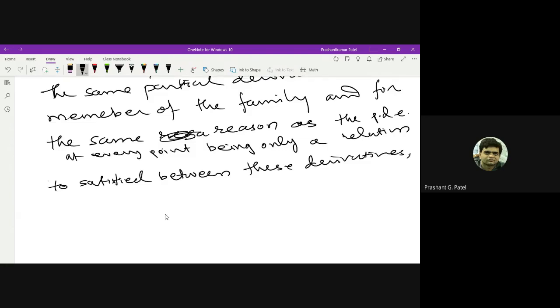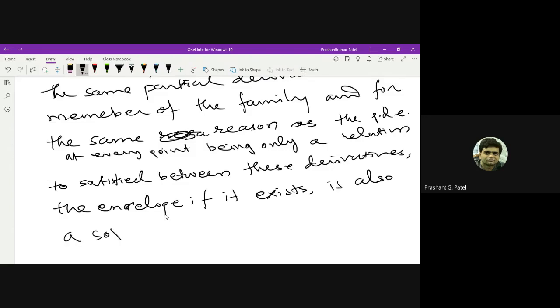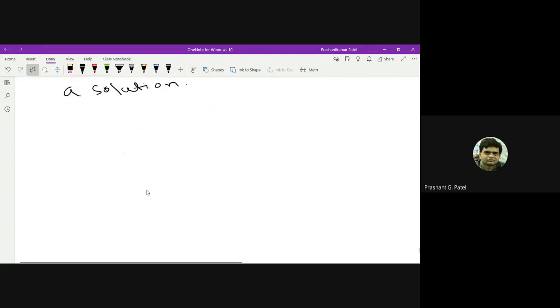The envelope, if it exists, is also a solution. And this completes the proof of this lemma, which tells you that a singular solution will always be a solution. Singular solution is a solution, as we have proved in the above lemma.